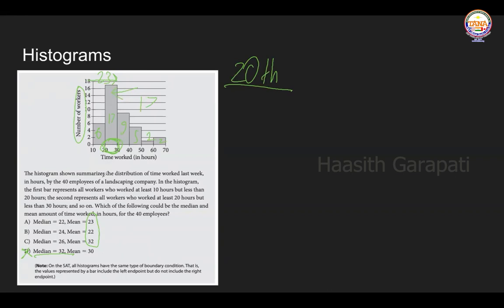Okay, if you have to think about this logically, what if the mean was 23 or 22? If you have a mean, then it's likely most of the data is going to be centered around that mean, right? And the thing about means is that if you have a super big value, it's going to throw the mean off course.